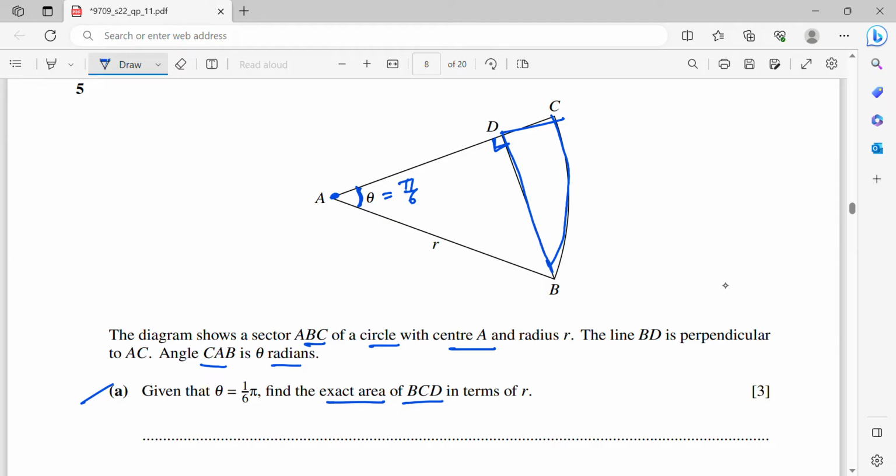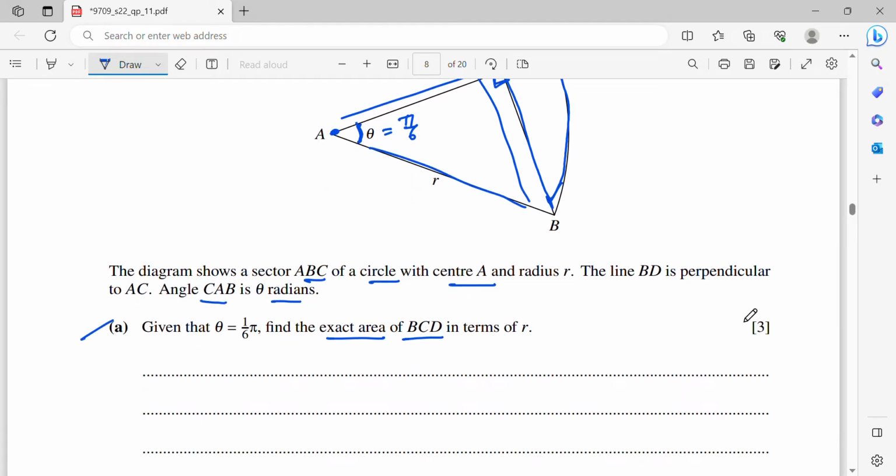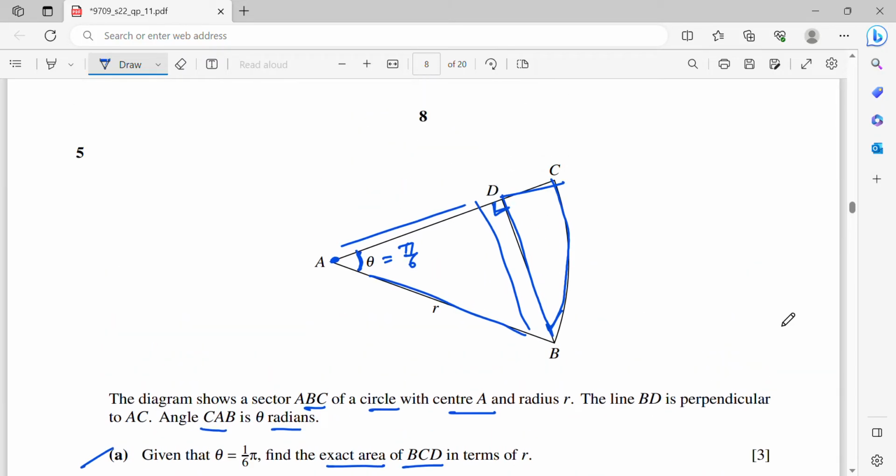So obviously BCD is the area of the sector minus the area of the ABD triangle. Okay, so now to get the area of the triangle, I need the AD, because we have a formula.